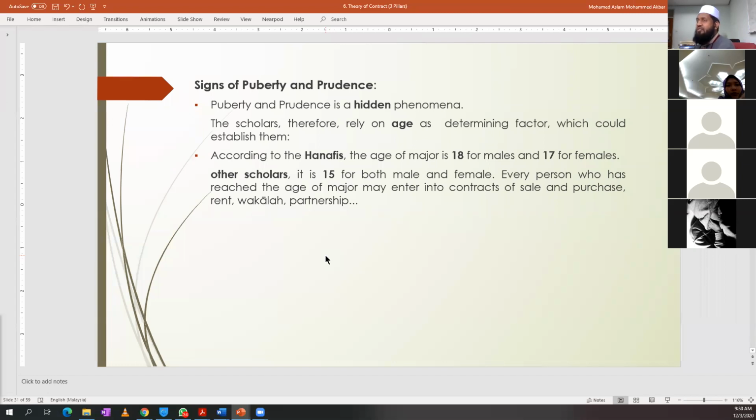Every person who has reached the age of majority may enter into contracts of sale and purchase, rent, wakala, and partnership. So the age, we leave it to your country and your Sharia scholars, because there are differences from country to country.